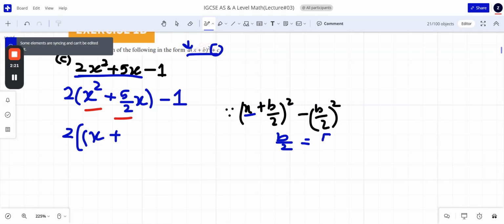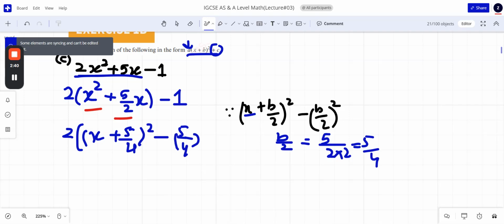It equals 5 by 2 times 2, which equals 5 by 4. So b by 2 is 5 by 4, whole square, then minus again 5 by 4 whole square. Then we will close the bracket, and after the bracket the constant value will remain the same.